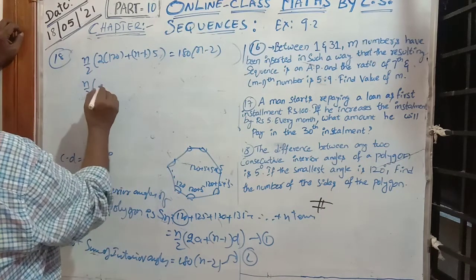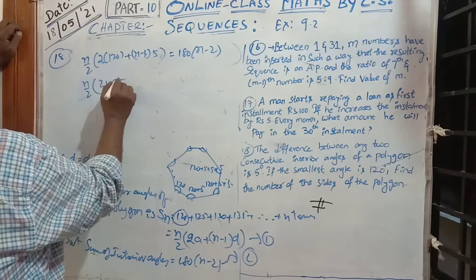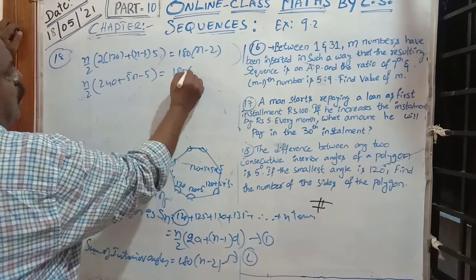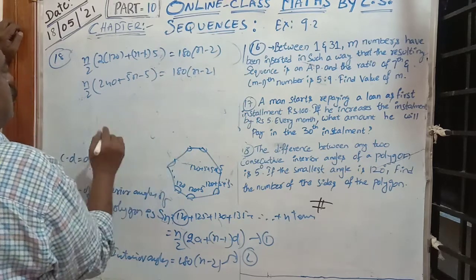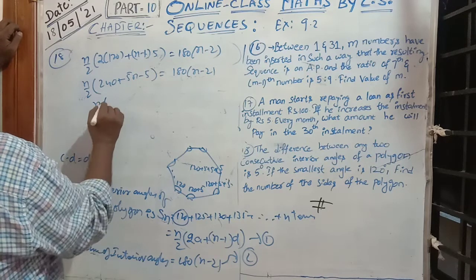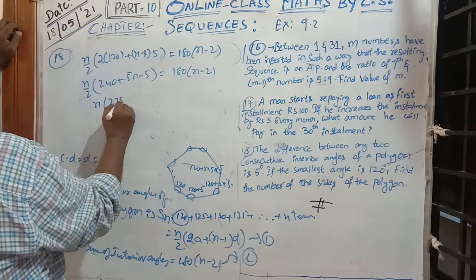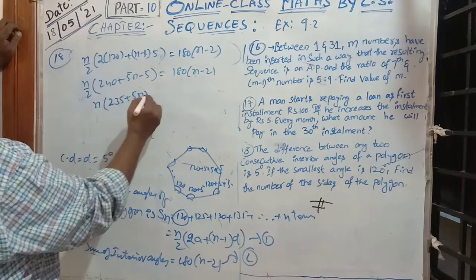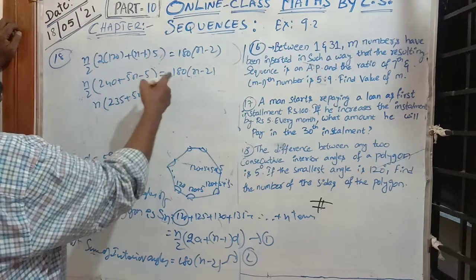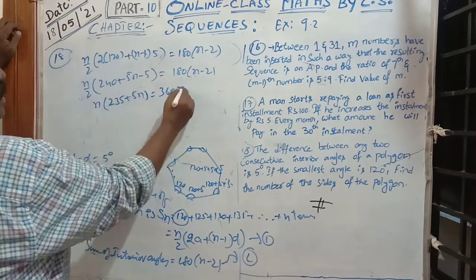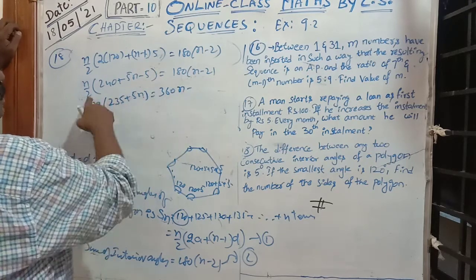It is n by 2 of 240 plus 5n minus 5 is equal to 180 of n minus 2. It is n of 235 plus 5n, 240 minus 5 is 235, is equal to 360n minus 360 into 2.